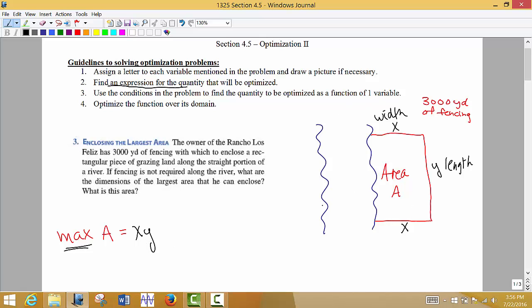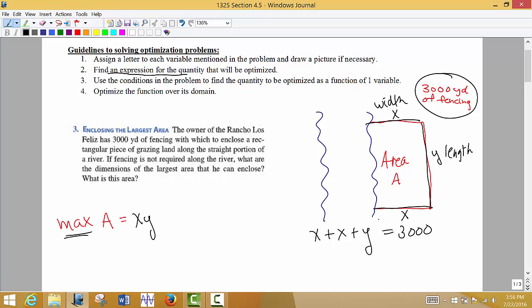Well, the secret here lies within the information we're given about the amount of fencing. So what we know is we only have 3,000 yards of fencing available. So that must mean X plus X, we have two of those, plus Y. So that perimeter, when I add all those sides up together, has to be equal to 3,000.